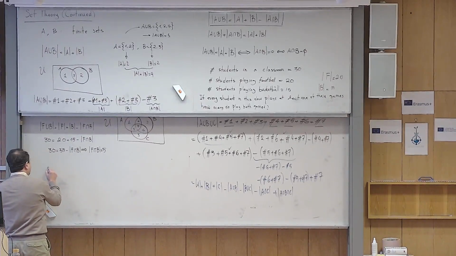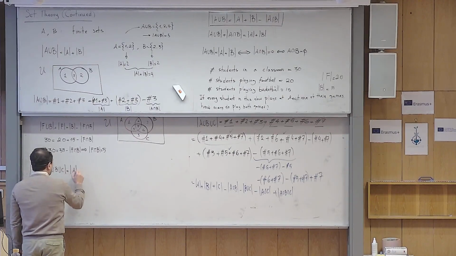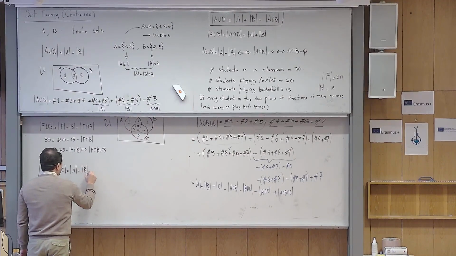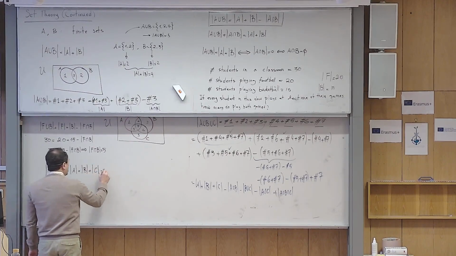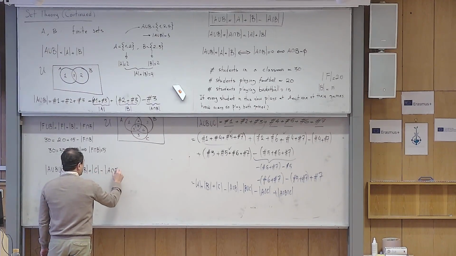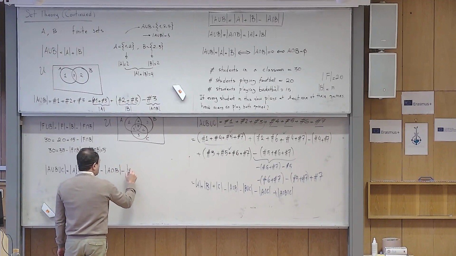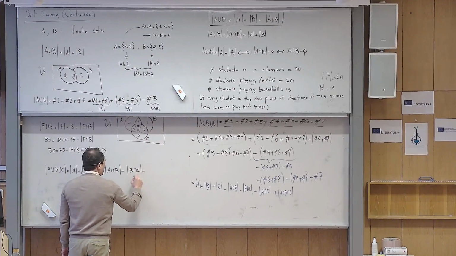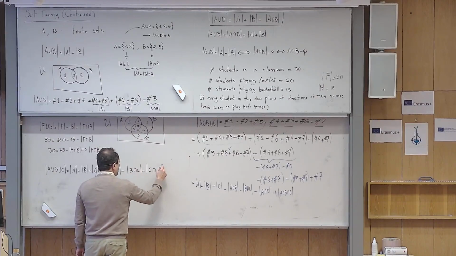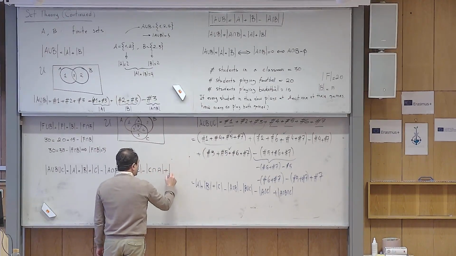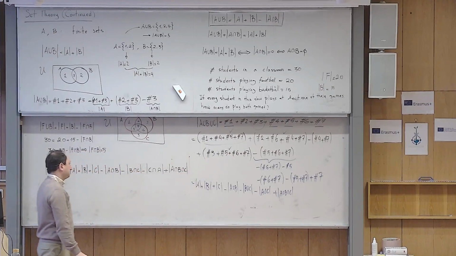So cardinality of A union B union C is equal to the cardinality of A plus cardinality of B plus cardinality of C, minus cardinality of A intersection B, minus cardinality of B intersection C, minus cardinality of C intersection A, plus the cardinality of the intersection of all of them.